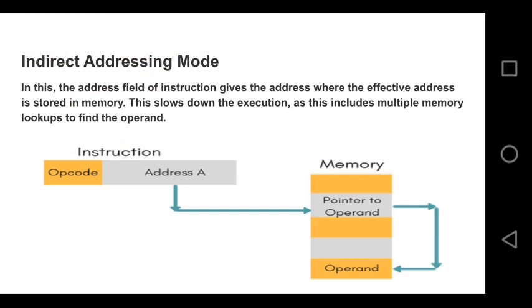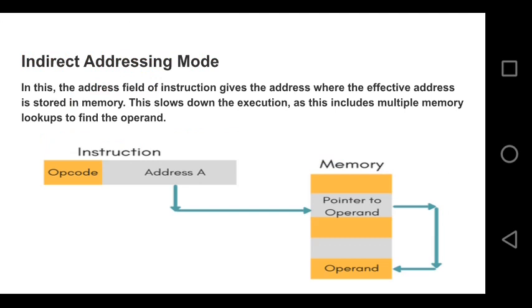Remember when we discussed direct addressing mode, the advantage is that address space is not limited, but the disadvantage is that you require one memory fetch. But in case of indirect addressing mode, two memory fetch operations are required, not a single memory fetch.